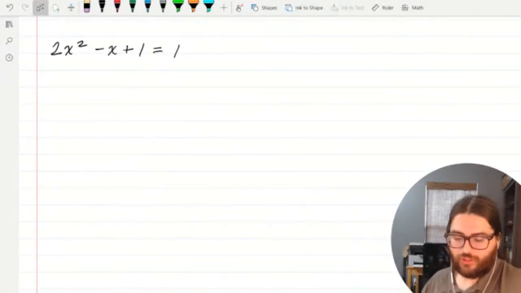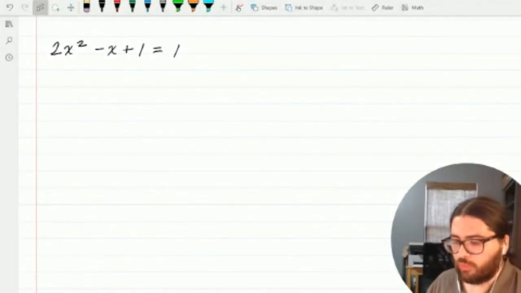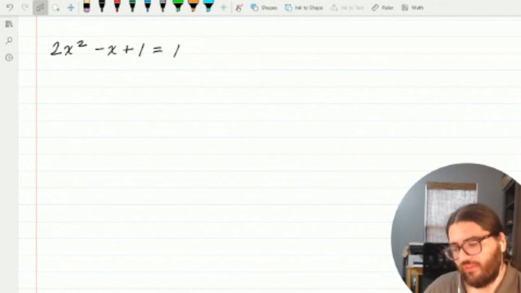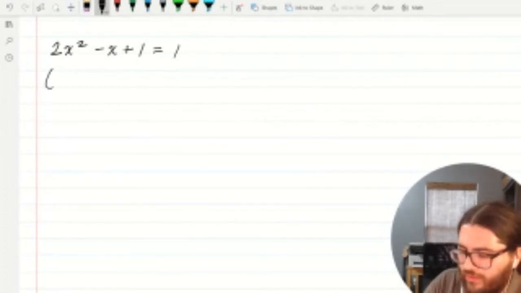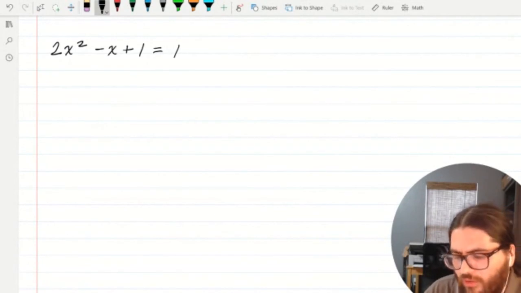Now, I know it's tempting to look at this one and go straight into the factoring, everything on the left side. You probably would be able to factor this. X plus 1 times x minus 2. Very tempting. But if you did that, I'm just going to skip over all the factoring because actually, I don't know if you'd be able to do that at all.